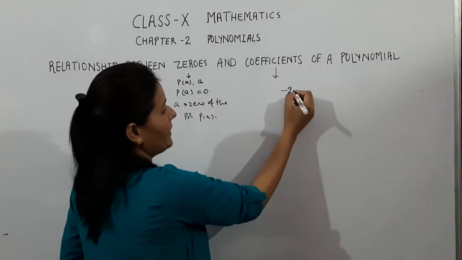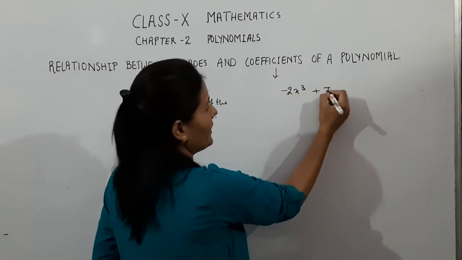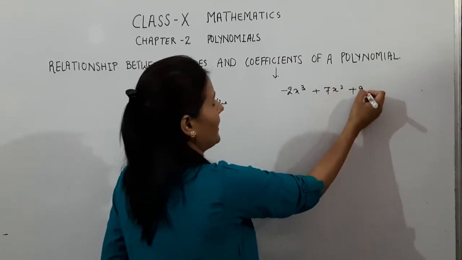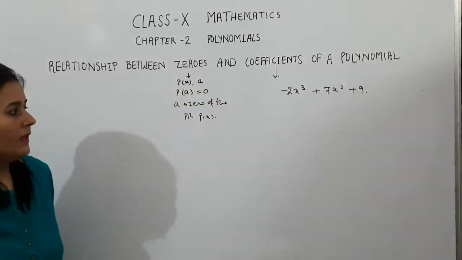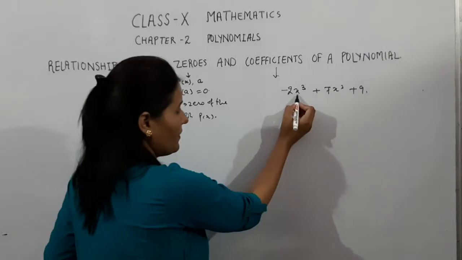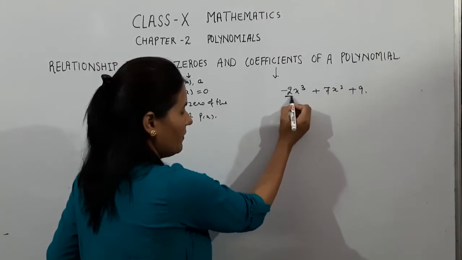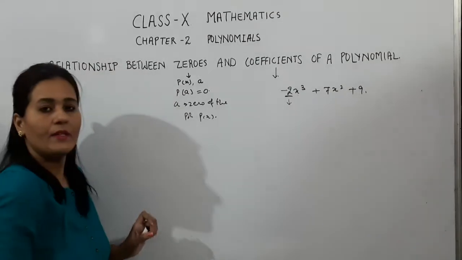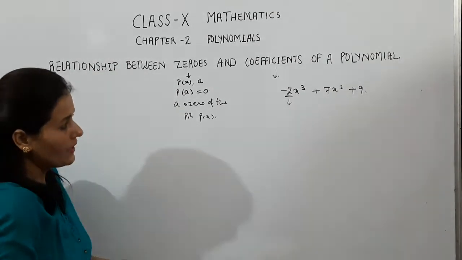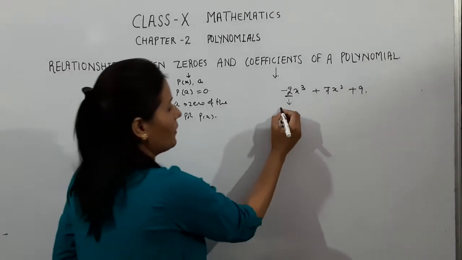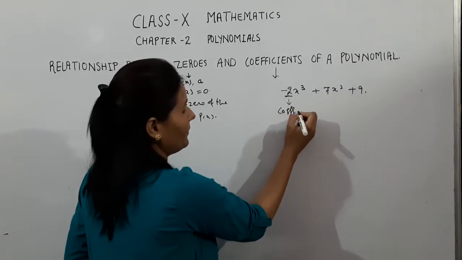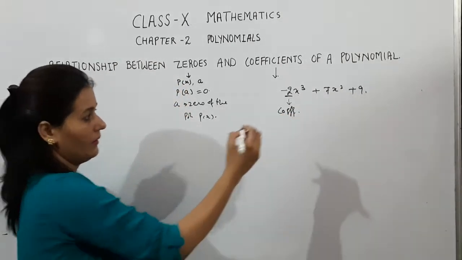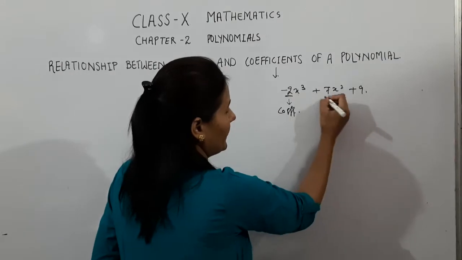Let me take any polynomial like 7x square plus 9, right? The number, the constant which is written before or in multiplication with the variable in each term, is known as the coefficient of the polynomial, like this.